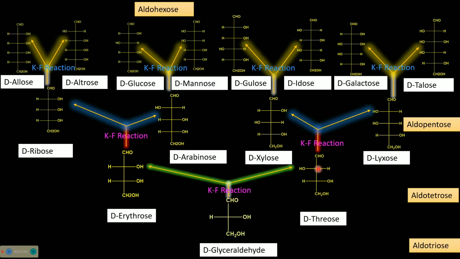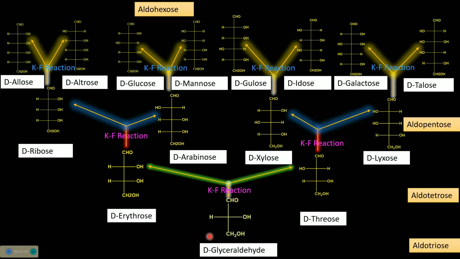Now I hope I am not confusing you. Regarding this structure, just remember that if we perform the Killiani-Fischer reaction on an aldose, we will get higher homologs of the aldose.